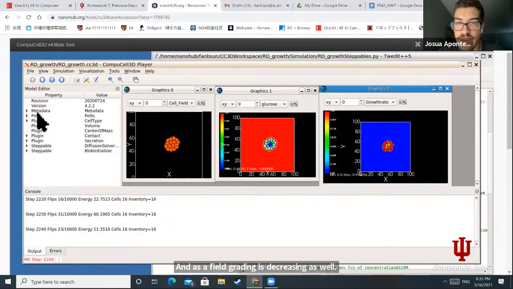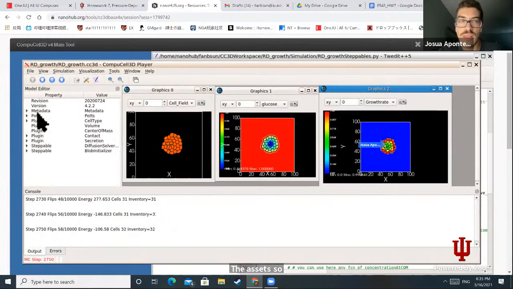Right, and you can see it here, that as the cell grows, then the growth rate of each independent cell decreases as well.